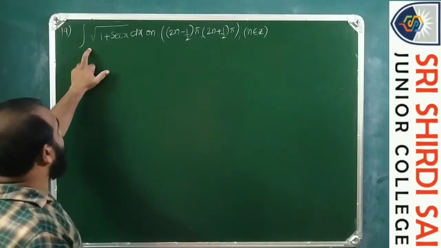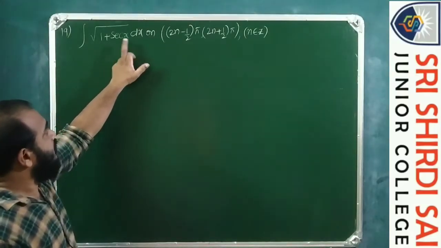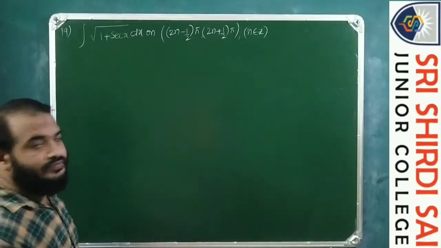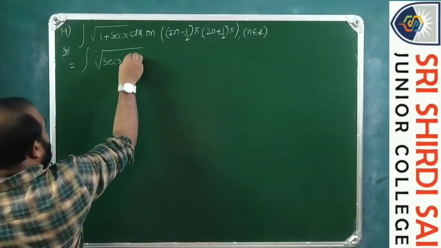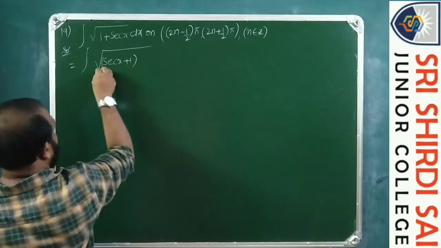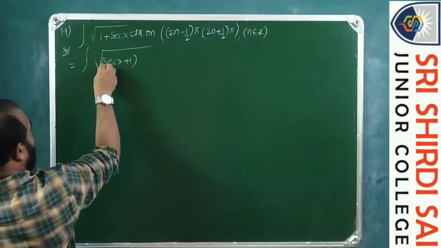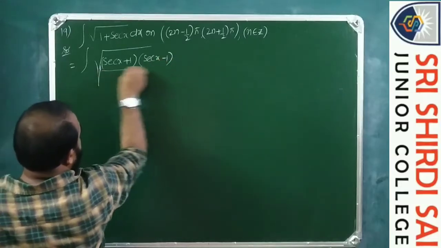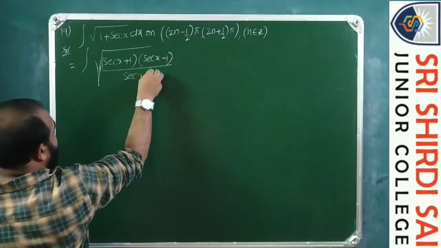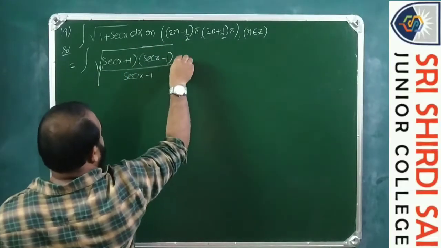Integral of square root of 1 plus secant x dx. This is secant x plus 1 into secant x minus 1 by secant x minus 1, dx.